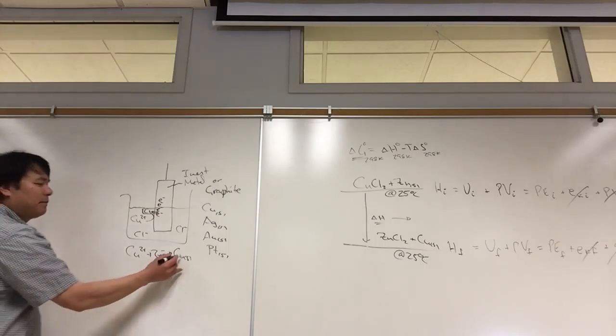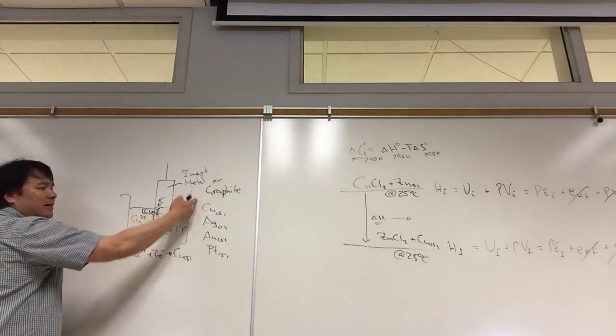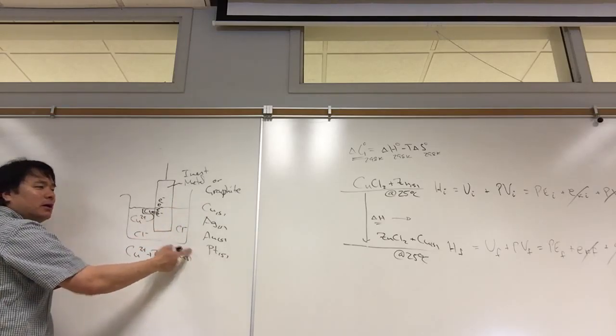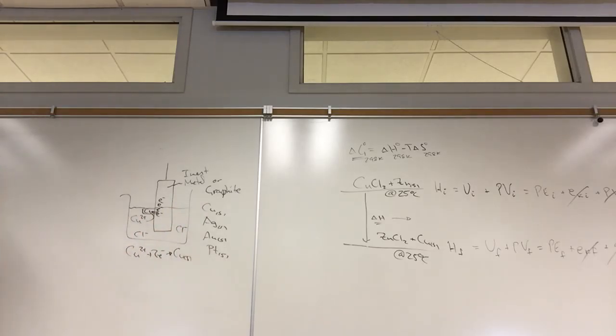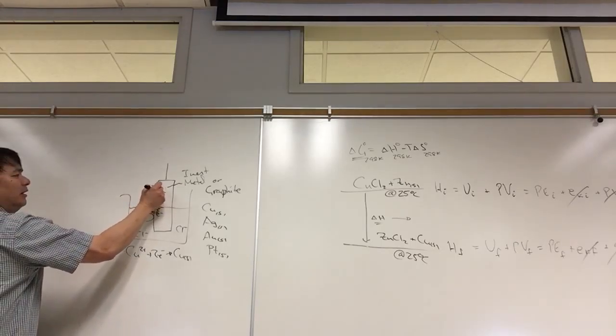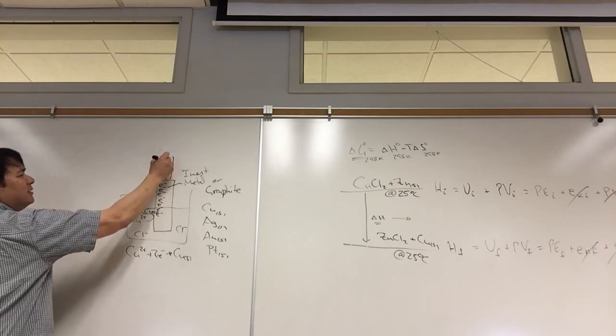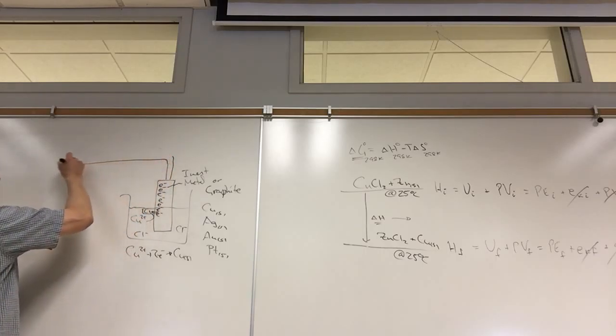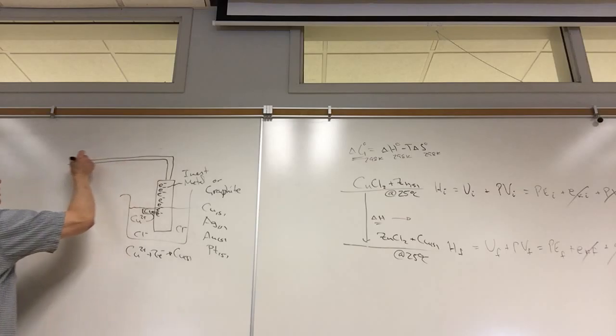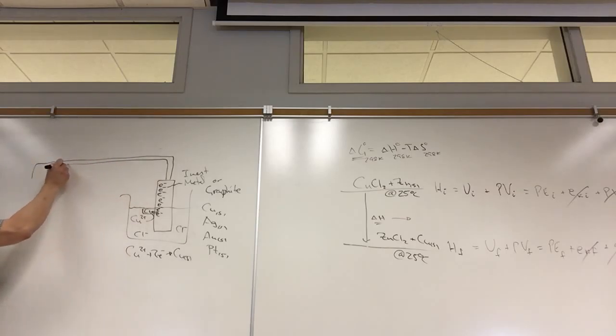But is Cu2+ capable of oxidizing any of these? No. And so it can't take the electrons. It's stuck, right? But what we take advantage of is this. We'll just have this piece of metal in contact with zinc, a bar of zinc over here.